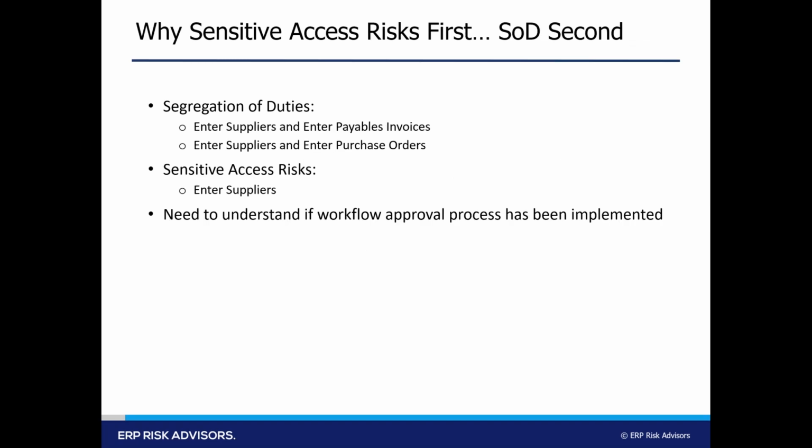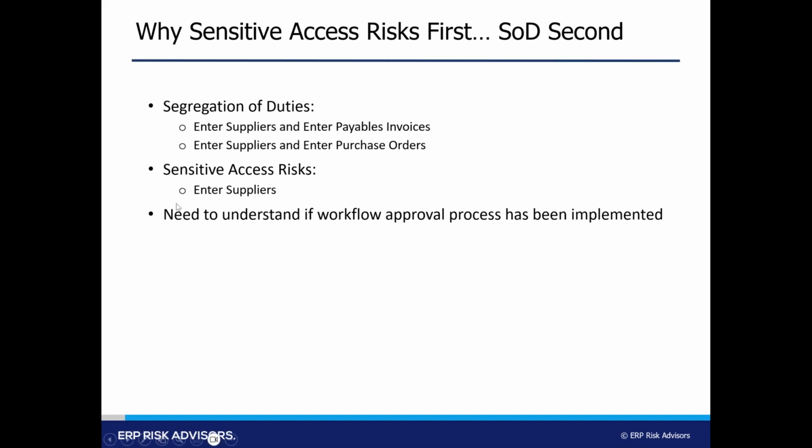What I always say is we should be looking at sensitive access risk first and segregation of duties second. If you look at SOD first, at who has the ability to enter suppliers and enter payables invoices, and let's say there's a problem with security and somebody has the ability to enter suppliers that shouldn't, say an AP clerk has been granted access when an AP clerk shouldn't, it should be a master data group or a separate supplier group that does supplier master maintenance.